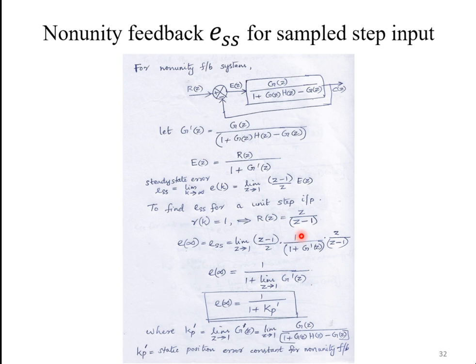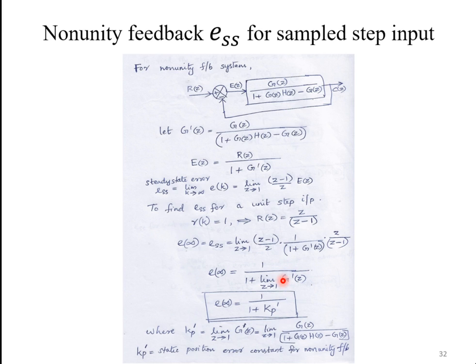Here e of infinity is going to be equal to 1 over 1 plus, as I already told you, the limit can be applied inside because 1 is independent of z. Whatever z may be, it does not depend on this constant 1. So 1 over 1 plus the limit as z tends to 1 of G'(z).